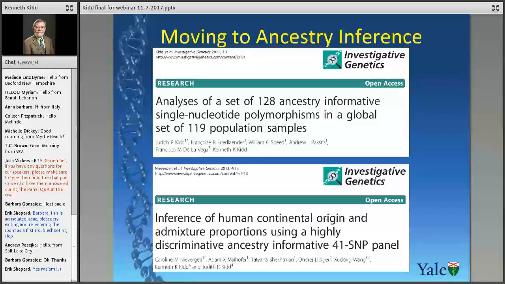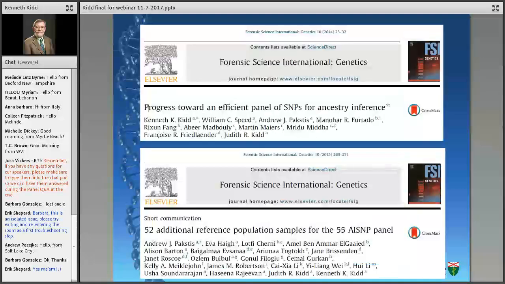In our lab, a study by my wife used Seldin's markers and pulled together data on 119 populations, and we collaborated with Carolyn Nievergelt on a panel of markers that she was using for medical genetic studies.